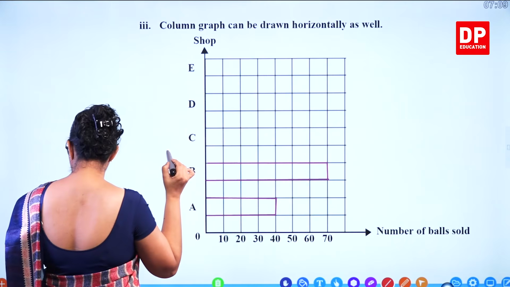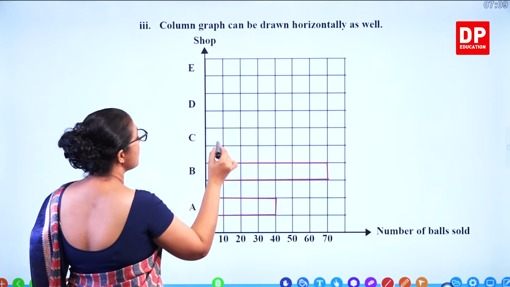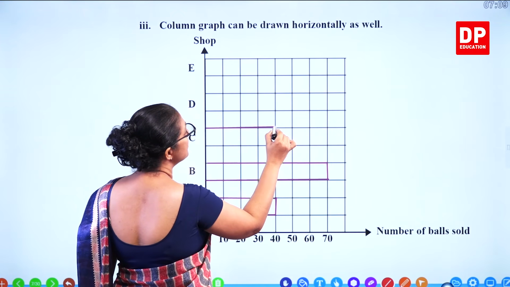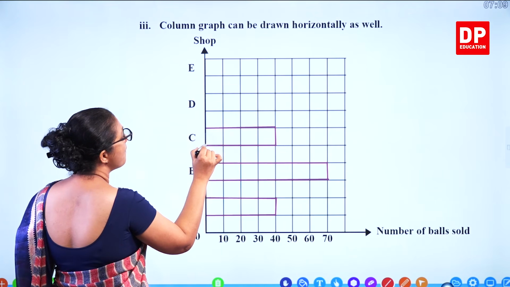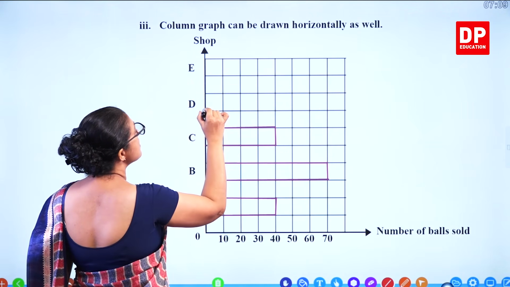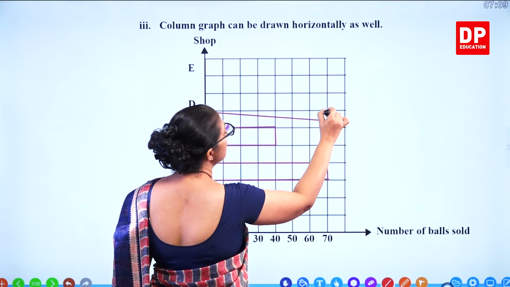And C again 40. 40, 70, 60. 40 here. 40 again, 70 up to here.